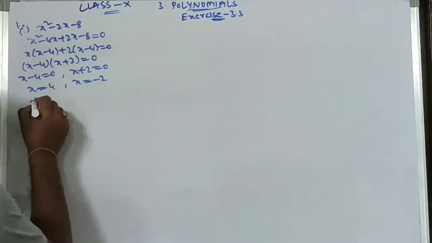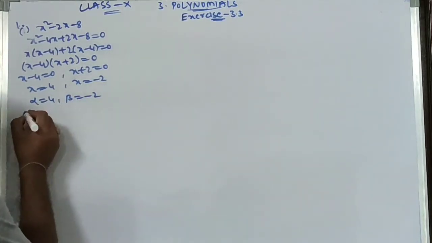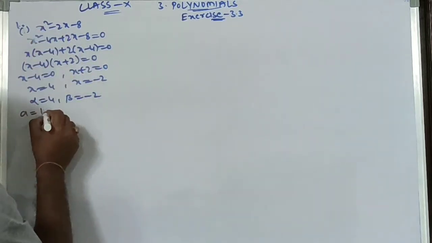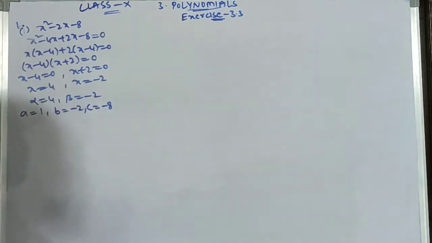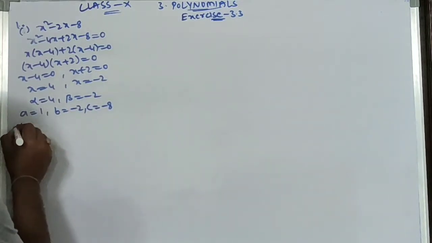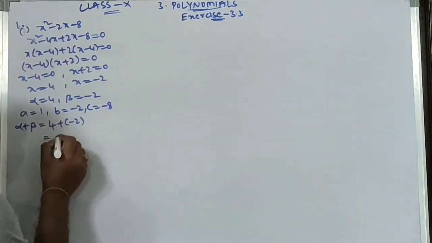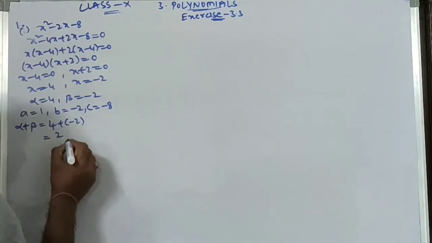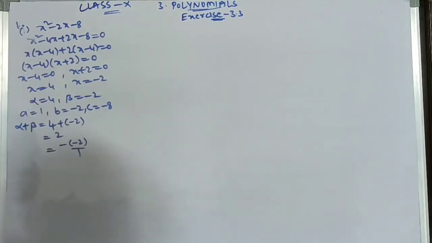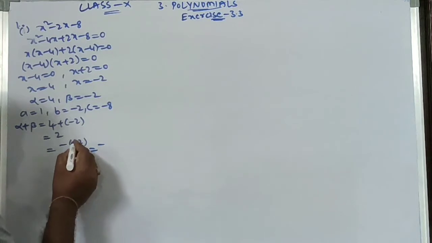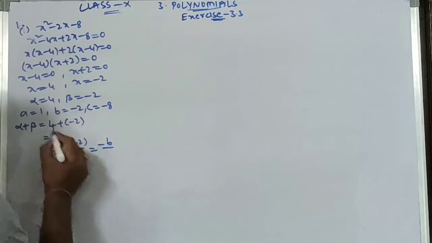So let alpha equal to 4, beta equal to minus 2. And the coefficients: a equal to x square coefficient 1, b equal to x coefficient minus 2, c equal to constant minus 8. Sum of roots alpha plus beta equal to 4 plus minus 2, 4 minus 2 equal to 2. So this 2 I am writing as minus of minus 2 by 1, where minus 2 equal to b and 1 equal to a.